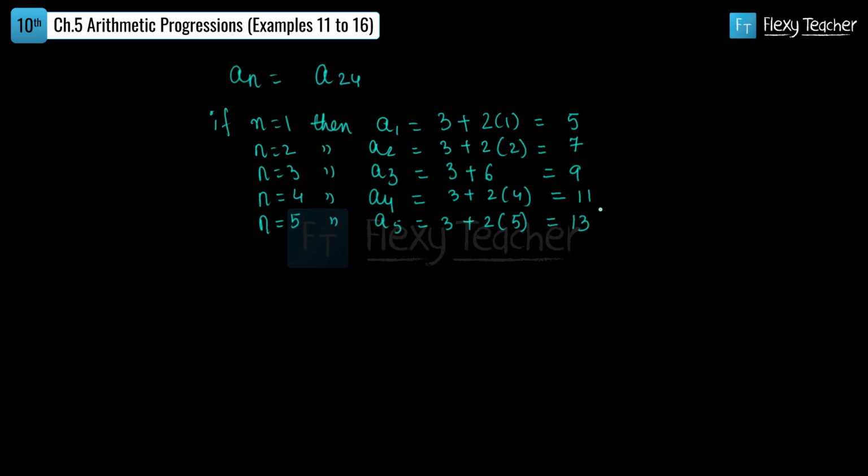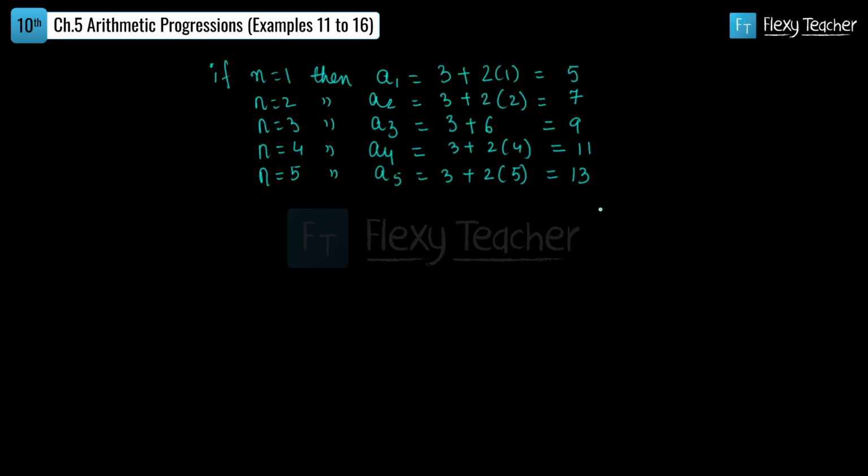So आपके पास अगर हम n 1 2 3 4 5 लेते हैं, then the terms of the AP of the sequence are 5, 7, 9, 11, 13, so on and so forth.